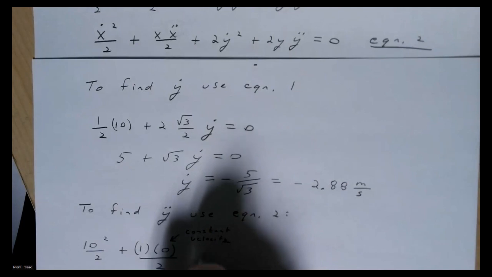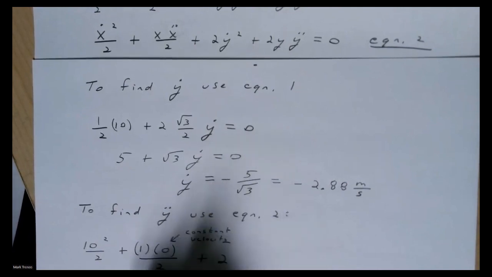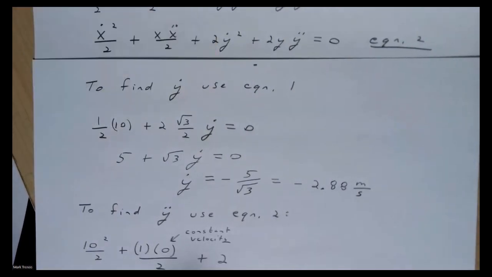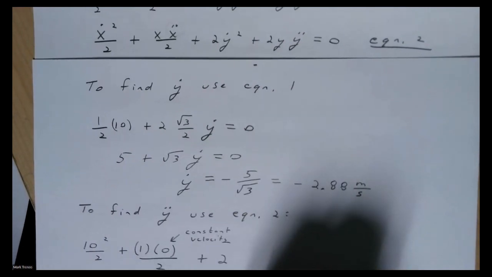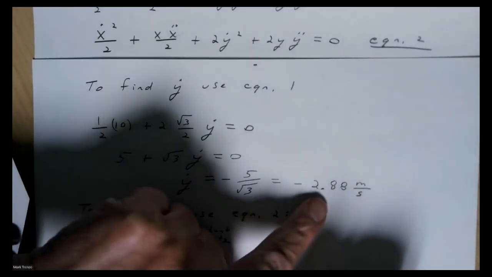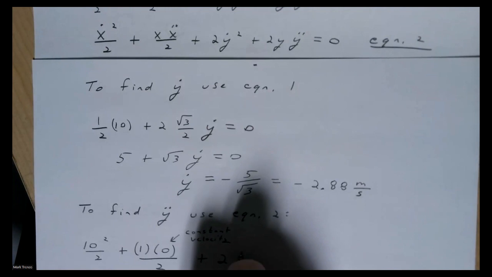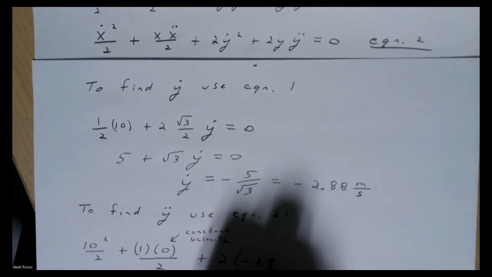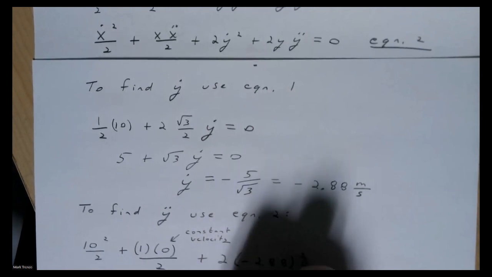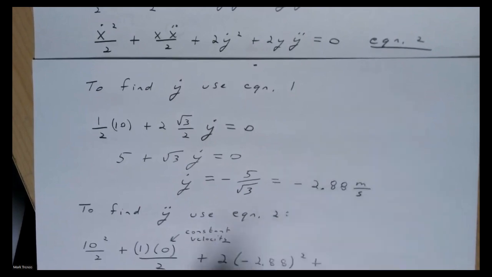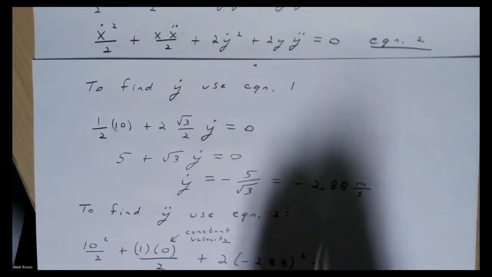Then go over here to y dot squared. And we found y dot up here, minus 2.88 squared, plus 2y.